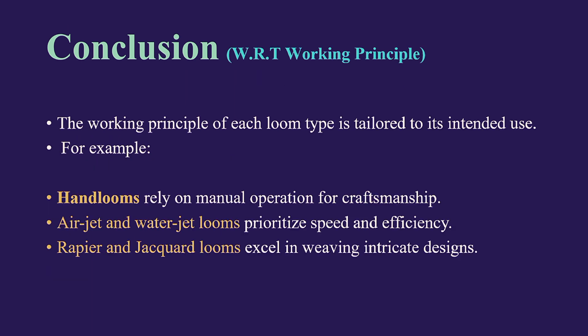Conclusion with respect to working principle: the working principle of each loom type is tailored to its intended use. For example, hand looms, which we discussed in the previous lecture, rely on manual operation for craftsmanship. Air jet and water jet looms prioritize speed and efficiency.